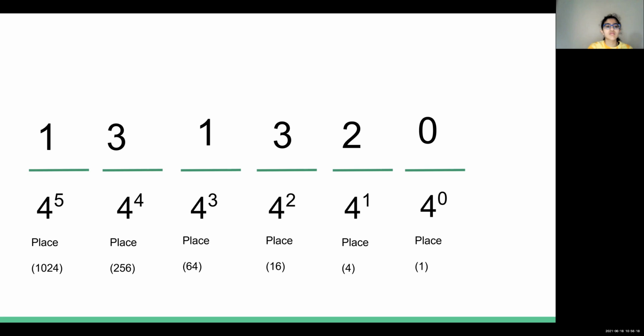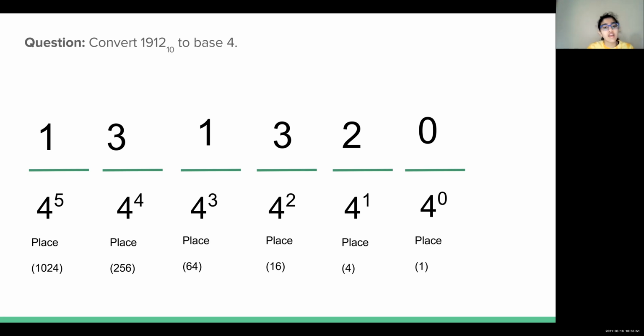So we find the greatest number of 4 to the power 5s that fits into 1912. There's one value of 4 to the power 5 that can fit into 1912, so we have 1912 minus 1024, and we get 788.